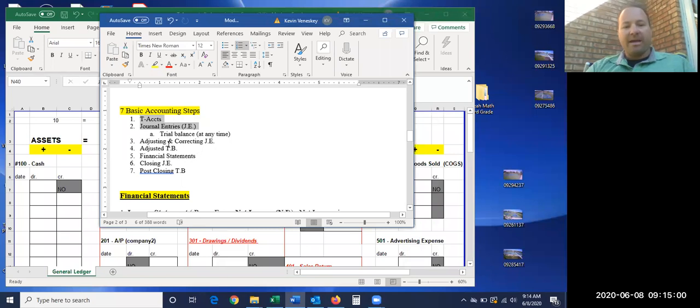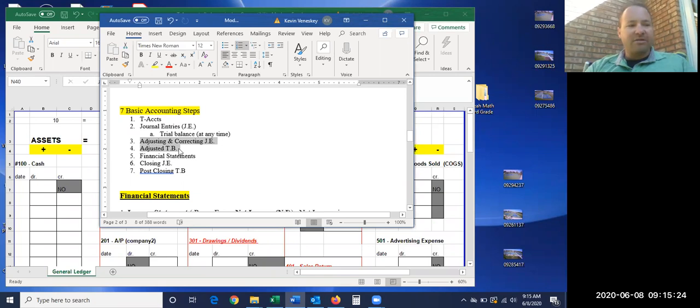And then we do these next 2, usually at the end of the month, perhaps even as long as the end of the year, depending on how big the business is. We're going to do adjusting or correcting entries, and then we're going to make an adjusted trial balance. We're going to do these once we get into week 2 of this class.